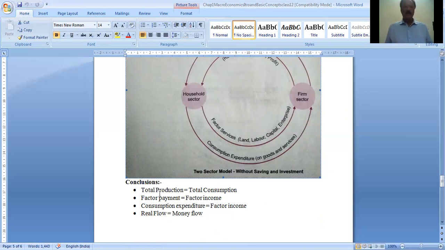And consumption expenditure, excuse me, is equal to factor income. And fourth, real flow is equal to money flow.